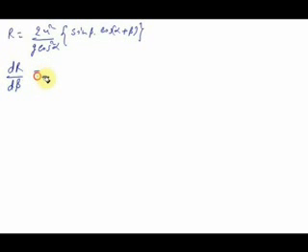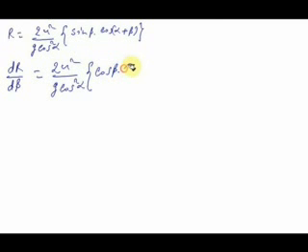So now let's find out what is dr by d beta. This will be 2u square by g cos square alpha. Derivative of sine beta is cos beta. The derivative of cos alpha plus beta is minus sine alpha plus beta.